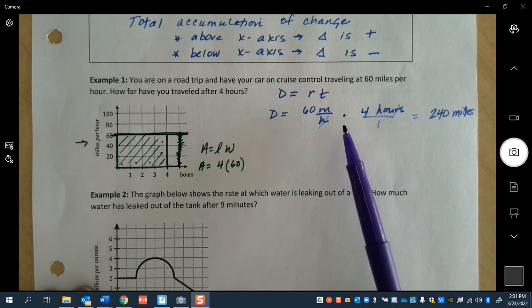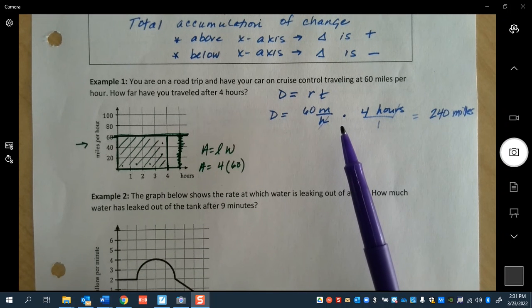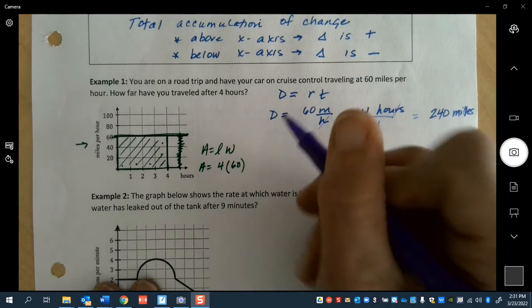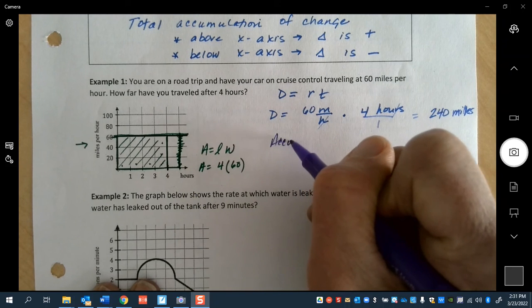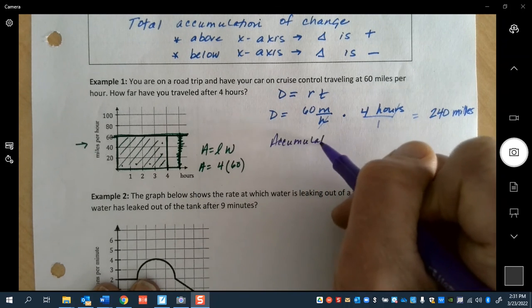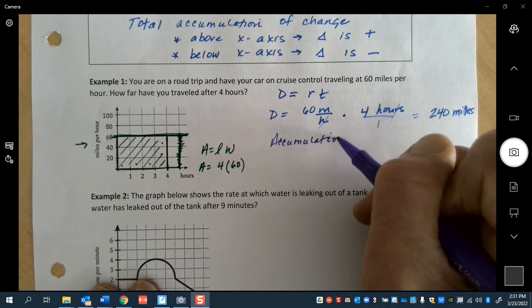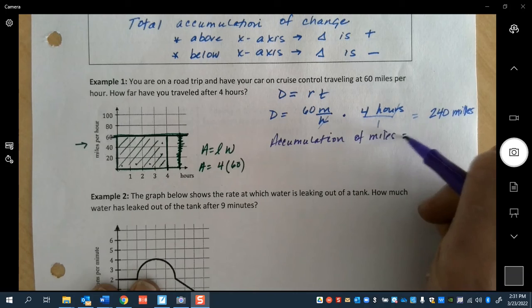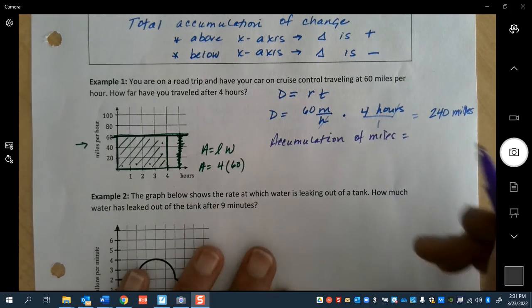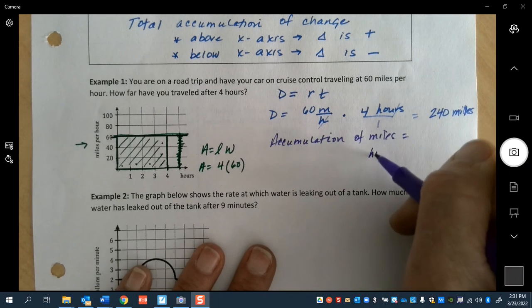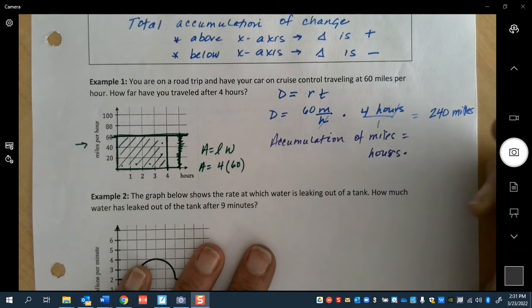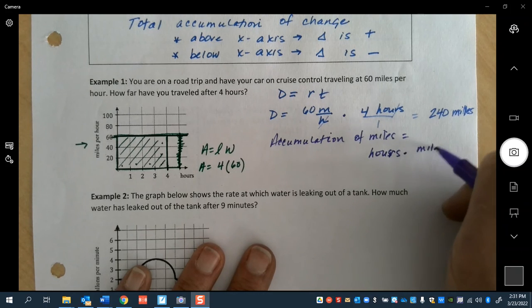Here's the Math 7 honors. Here's the calculus. Your accumulation of your miles is equal to the number of hours that you drove times your miles per hour.